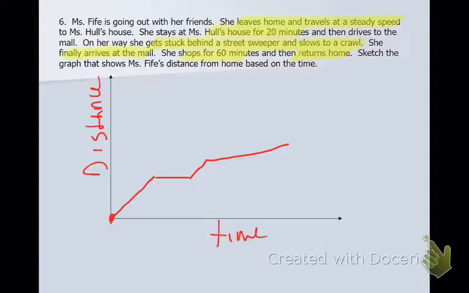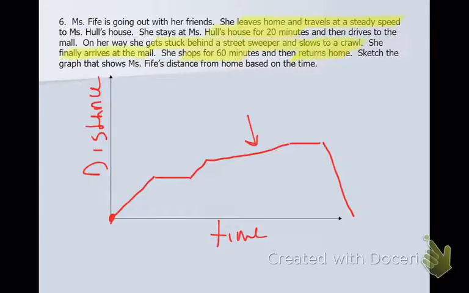She finally gets to the mall. She shops for 60 minutes, so flatten it out because she's still the same distance away from home. And then she goes back home. And so that would be her driving home because she's now back at home and at a distance of 0 from her home. Okay, but the important thing here that we haven't seen yet is to really show a slower speed as the line flattening out.